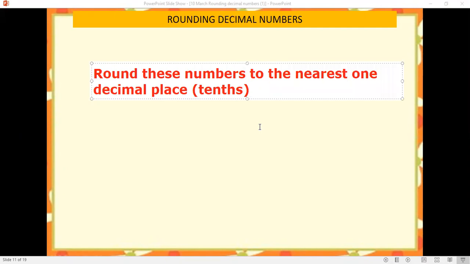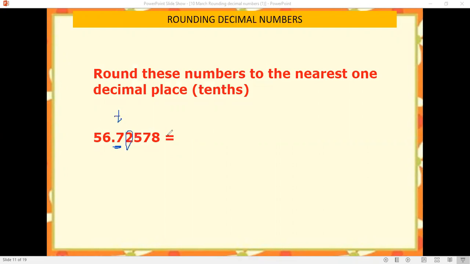Now, so how about if I give you, so even if we have more digits here, still we are only concerned about the tenths and the hundredths.